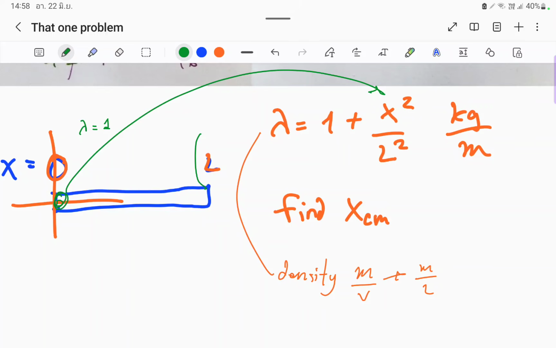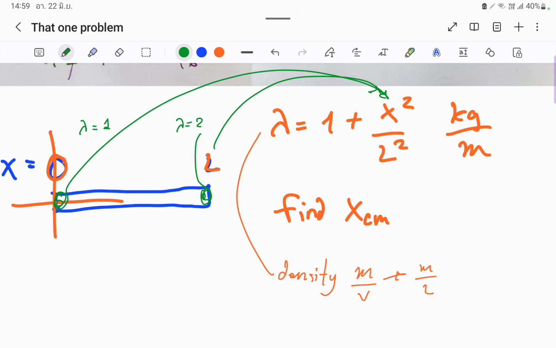And if you substitute x as L, you get 1 plus 1, which is equal to 2. So you can see that the density in each specific part of this rod is not the same.